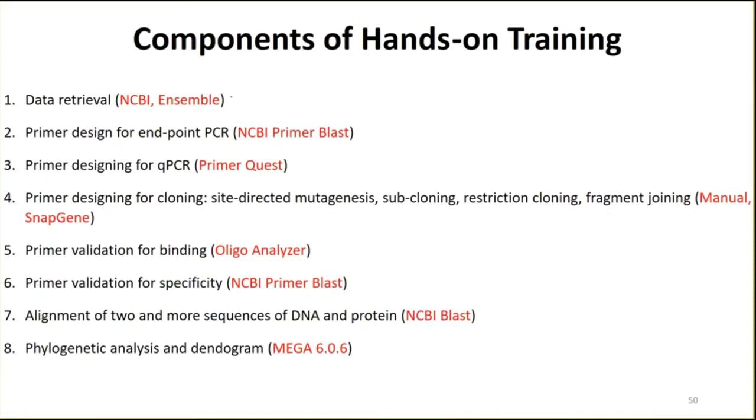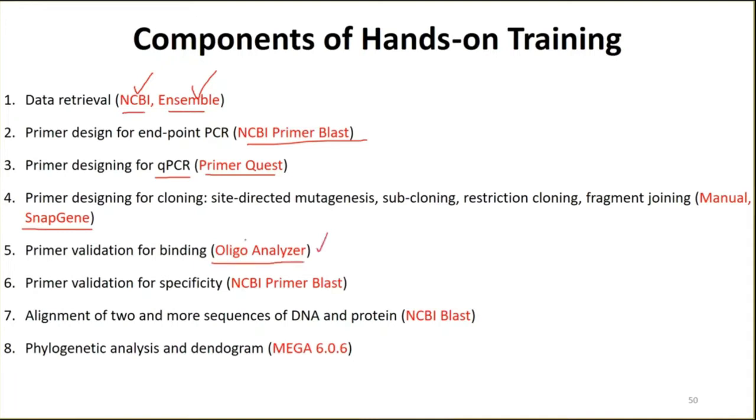We will learn the designing of primers by NCBI Primer-BLAST. We will also see the designing of primers for qPCR by PrimerQuest, and the use of SnapGene for designing primers. We will also see OligoAnalyzer, and we will analyze the primers for their quality. So let's start one by one.